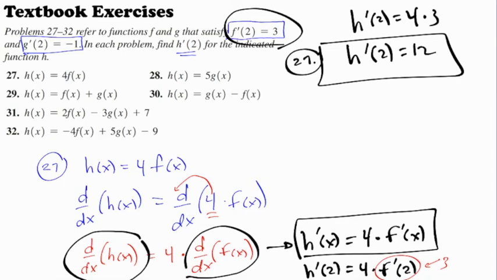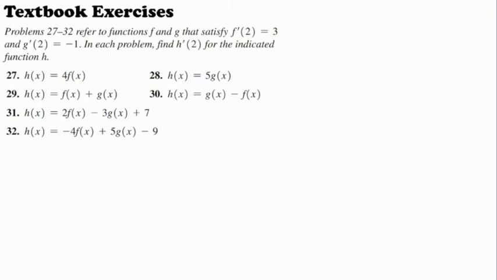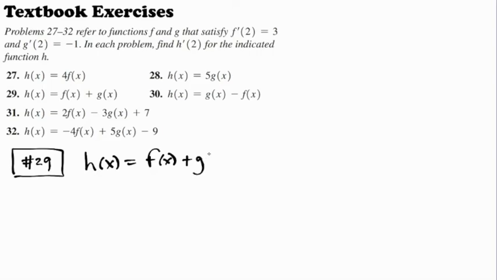That just applied the multiplication property for derivatives. Let's do this again for number 29. So number 29 tells us that h of x is now defined as f of x plus g of x.